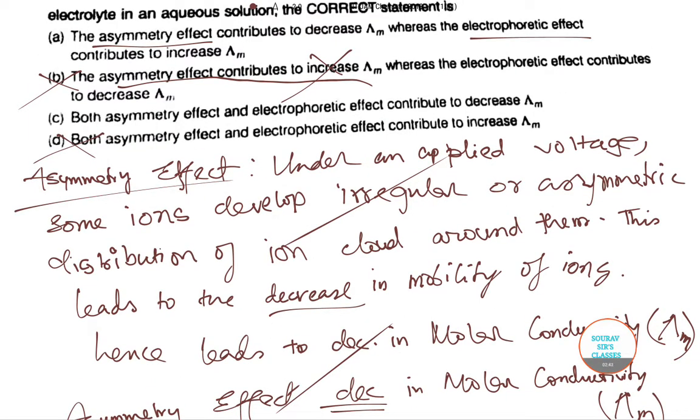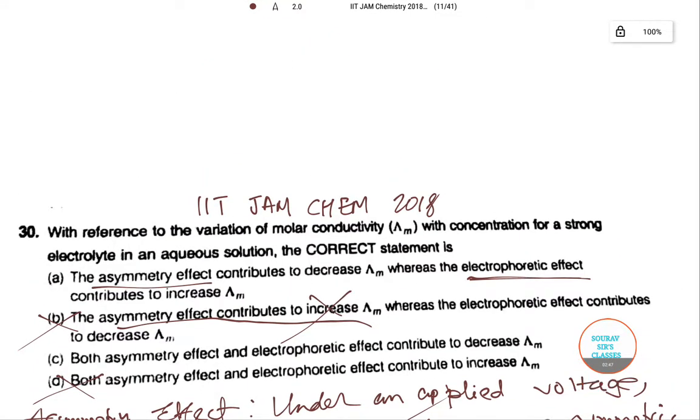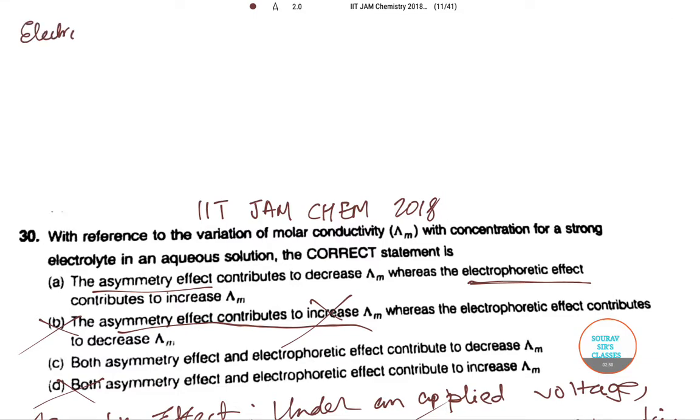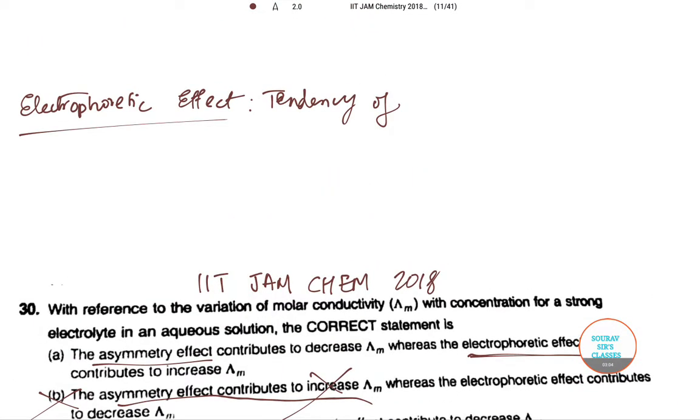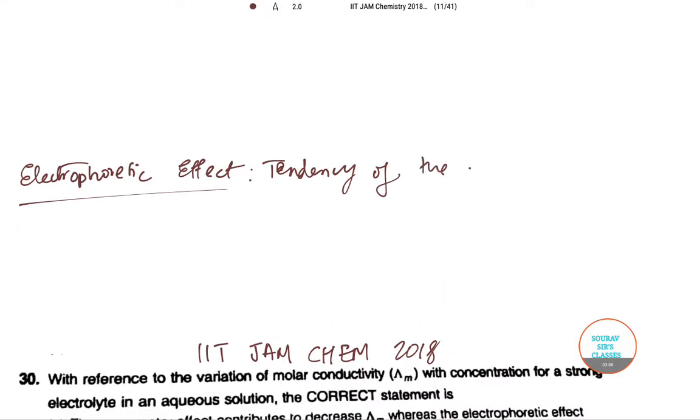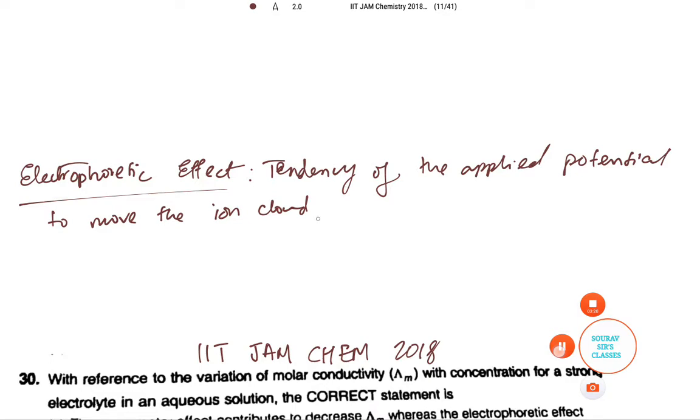So which one will be the answer depends on the electrophoretic effect. So what is electrophoretic effect? Electrophoretic effect is the tendency of the applied potential to move the ion cloud in a solution.